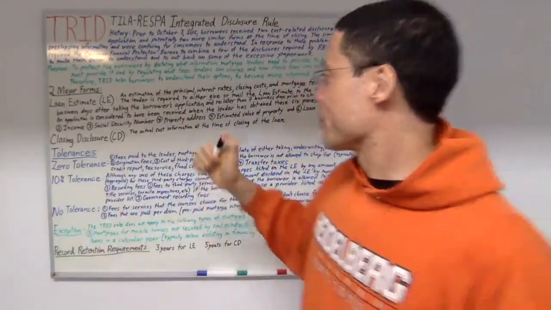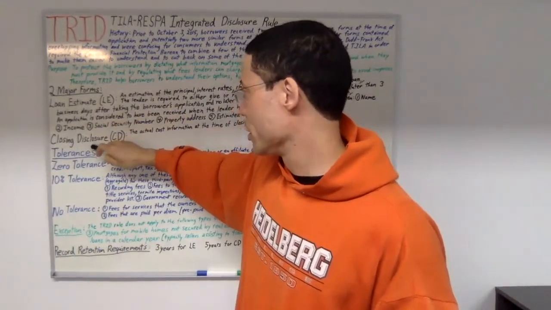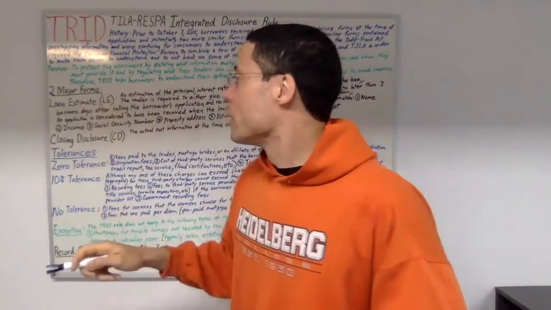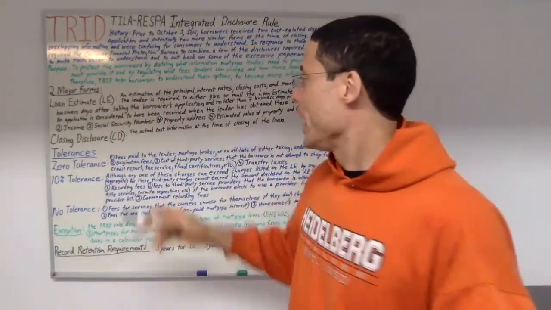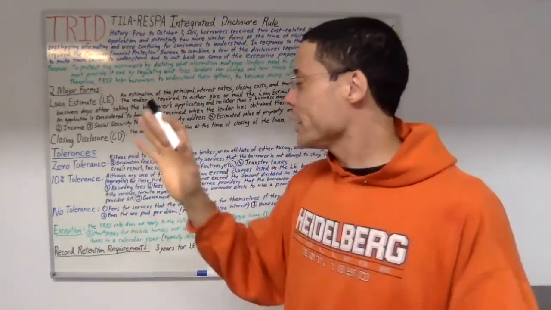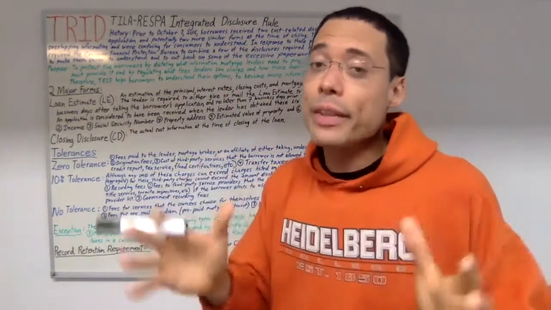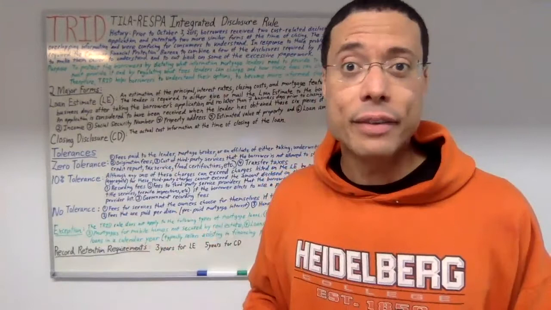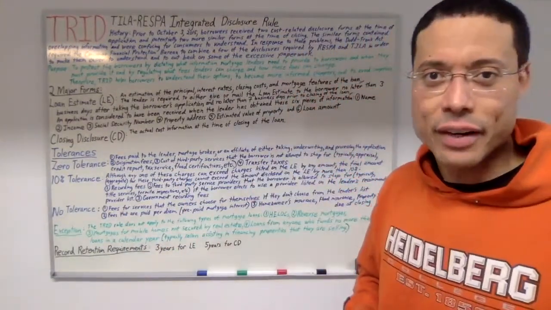Now, here's the thing. When we compare the closing disclosure to the loan estimate, often we'll see differences, and depending on what those differences are, will determine whether or not those differences are acceptable. And that's where we talk about tolerances, all right?